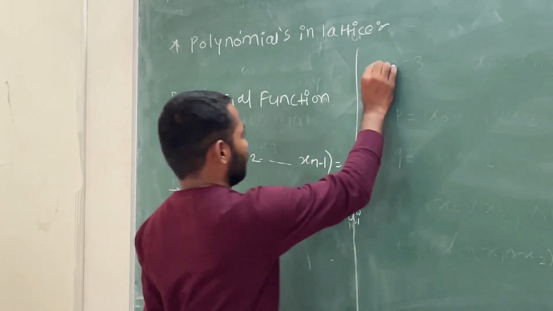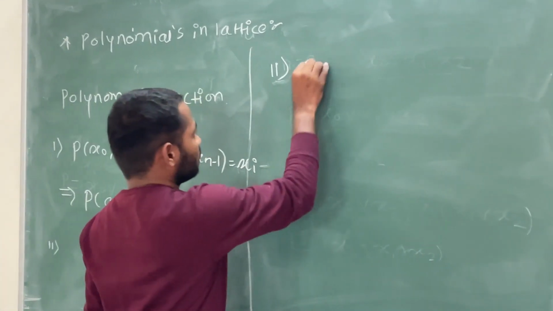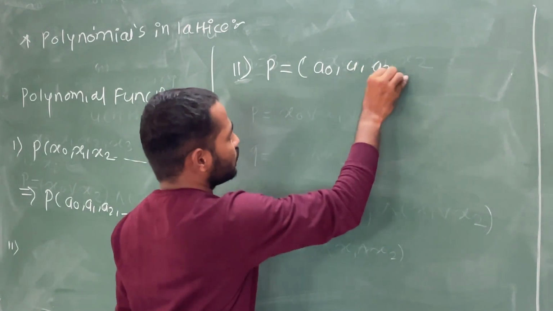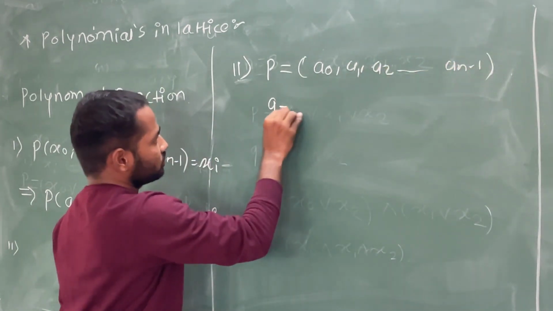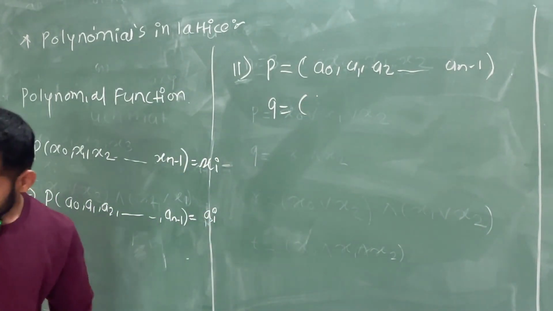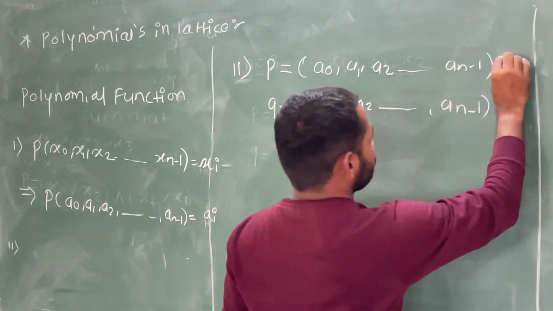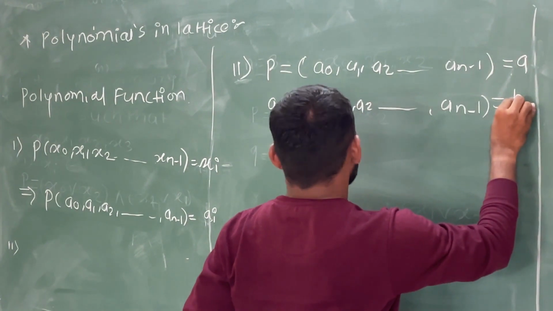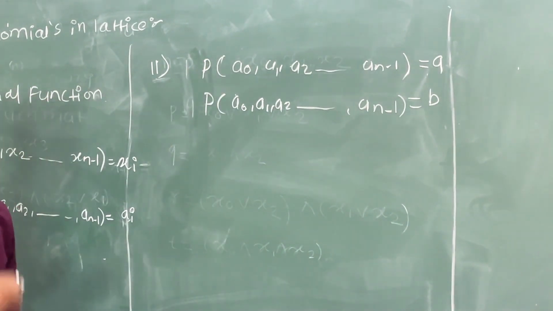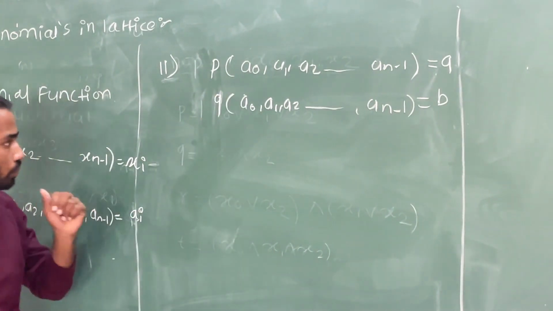Let us take the second property. If p is evaluated at a0, a1, a2 up to a n minus 1, suppose that value is a, and q evaluated at that point, the value is b.